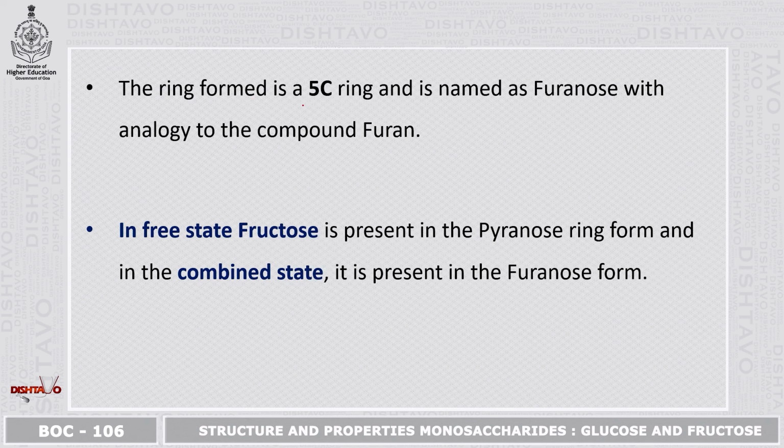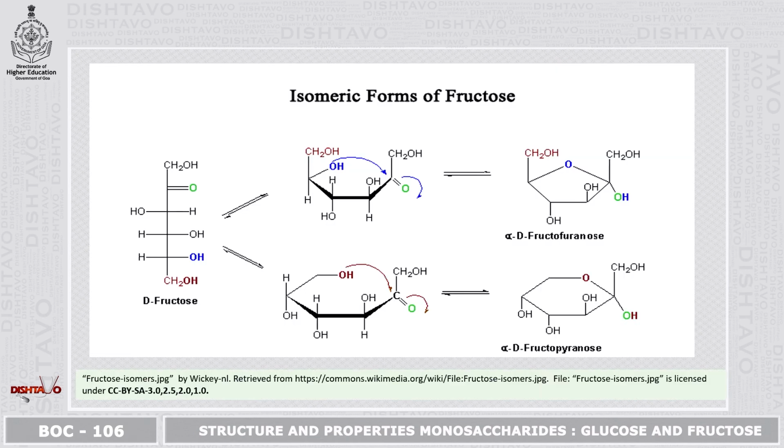So the ring formed is a 5 carbon ring and it is named as furanose with analogy to the compound furan. In the free state, fructose is present in pyranose ring form, and in the combined state, it is present in the furanose form. So here is the diagram. This is the chain form, and here you can see the alpha fructofuranose ring.